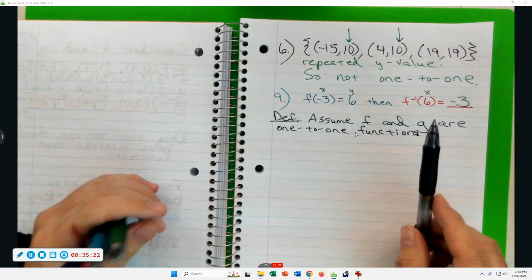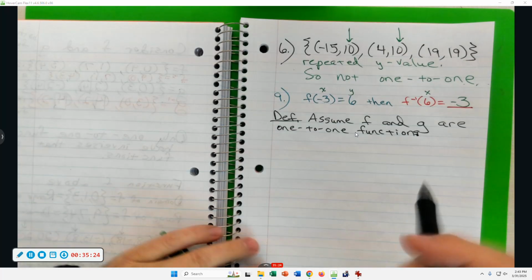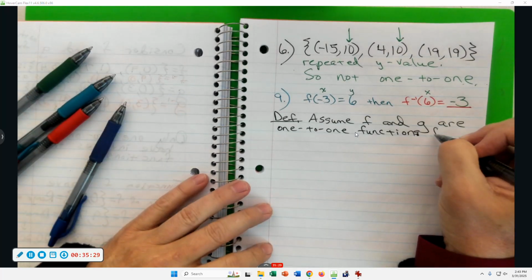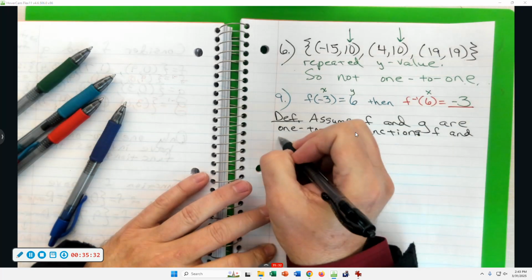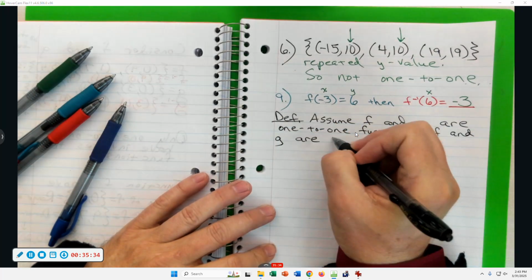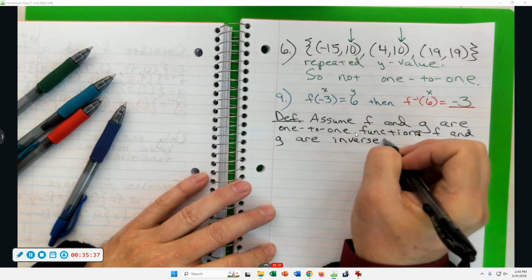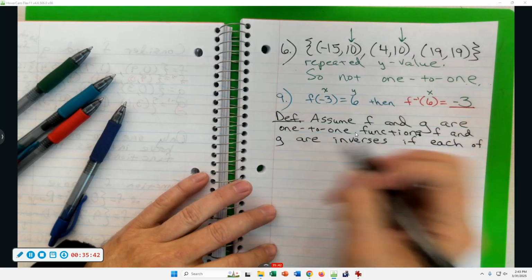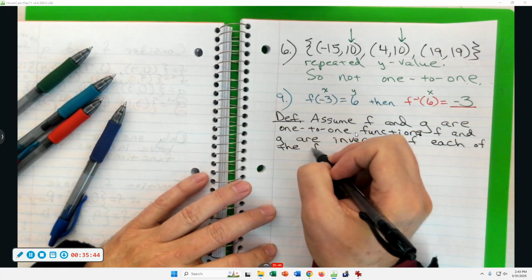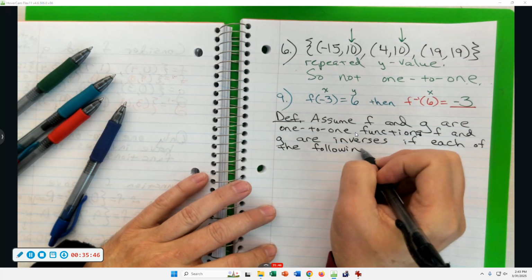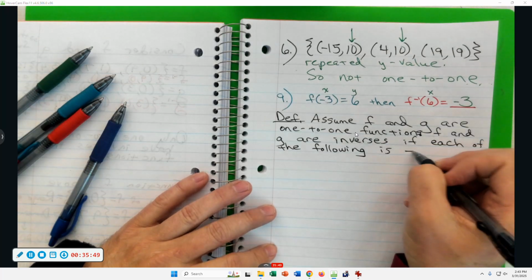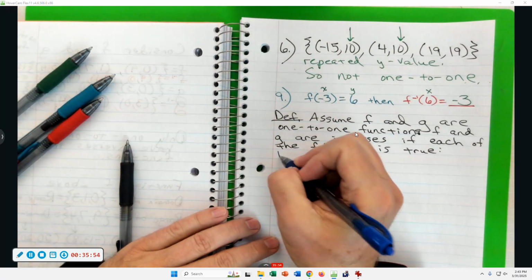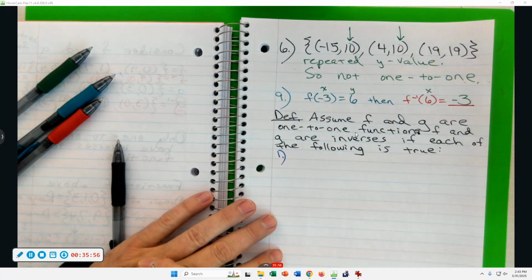Okay, let's go back. Let's assume f and g are one-to-one functions. This is the formal definition of inverse. F and g are inverses if each of the following is true. There are two conditions.